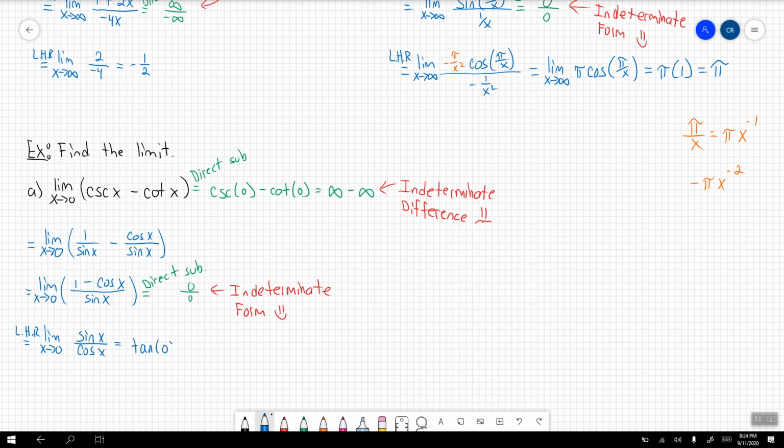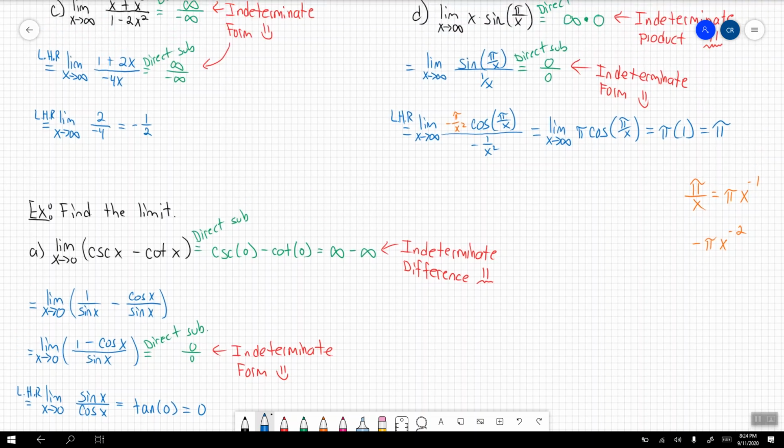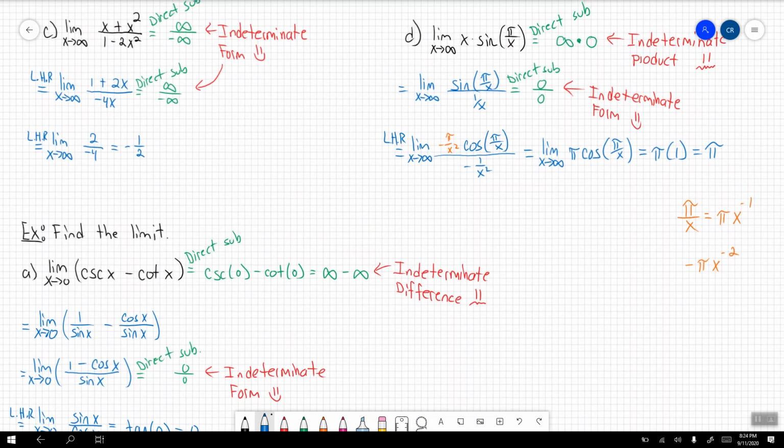We get tangent at 0, which is 0. Great. Again, everything worked out real nice for us here. So as we've seen, we can get some indeterminate forms, or these indeterminate products, or these indeterminate differences. Whichever one we arrive at, we should be able to work with it.